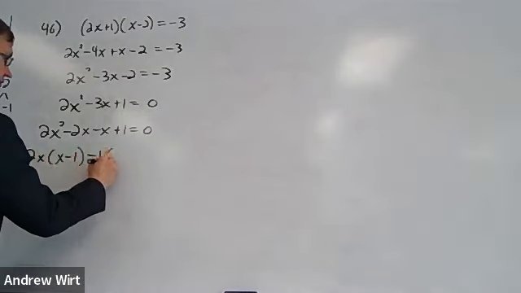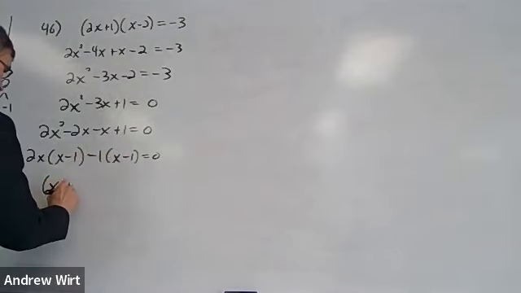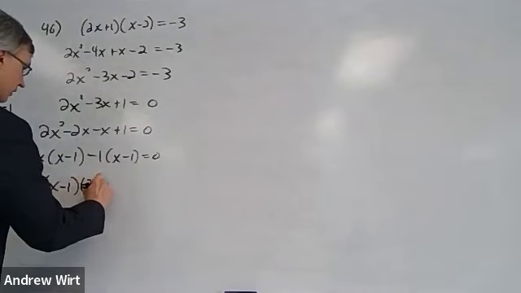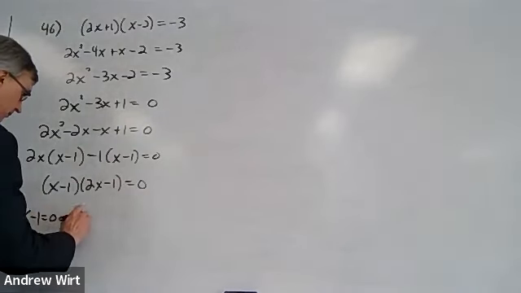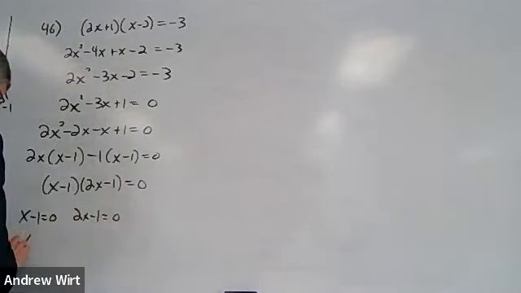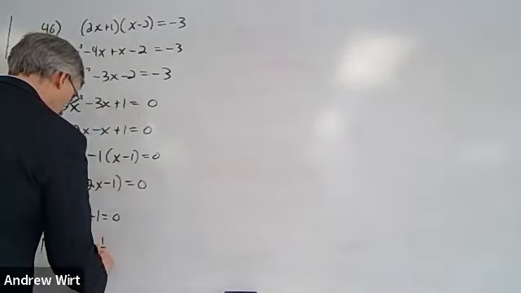Here I can factor out a negative 1 and get x minus 1. So that gives us x minus 1 times 2x minus 1 equals 0. All right, zero factor property, split it up. And so we get x equals 1 here and x equals 1/2 over here.